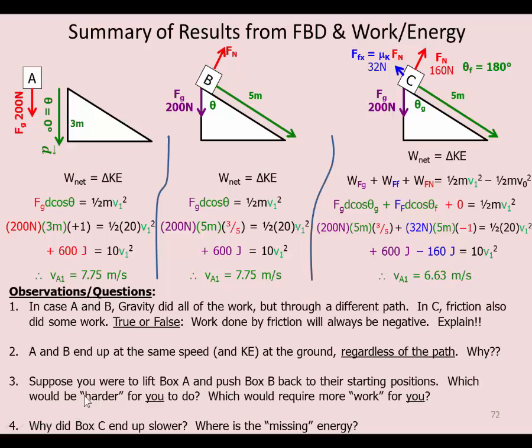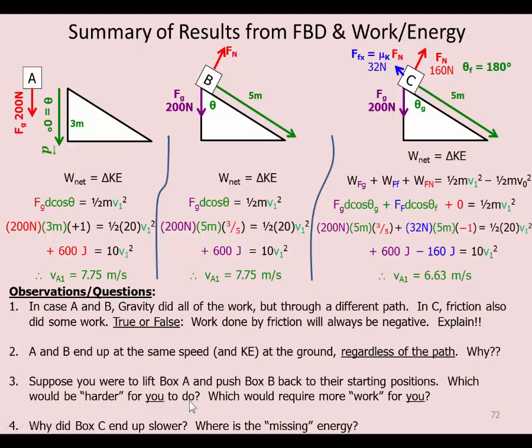Thirdly, let's let A and B be on the ground now, and you want to reset the problem. So you're going to take A and lift it back up, and you're going to take box B and push it back up the hill, and both of them will go back to their starting positions. If you were to do that, which one of these processes would be harder for you to do?